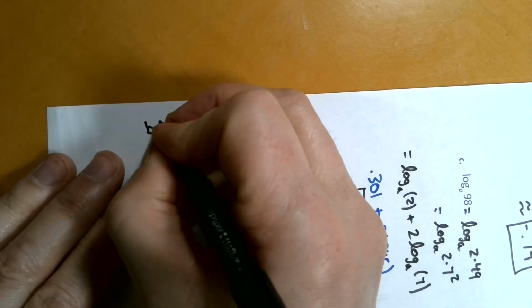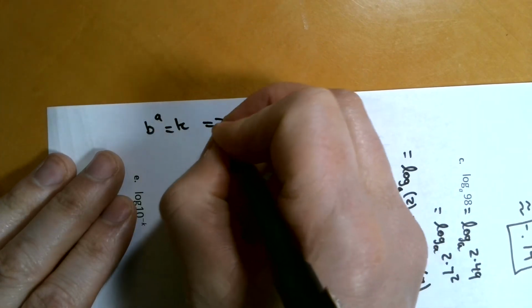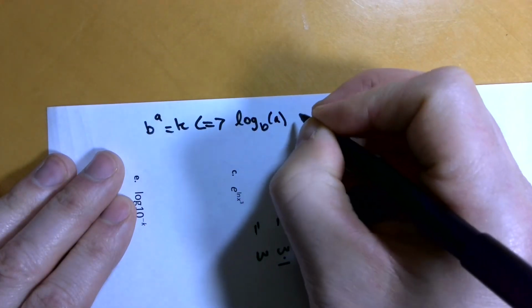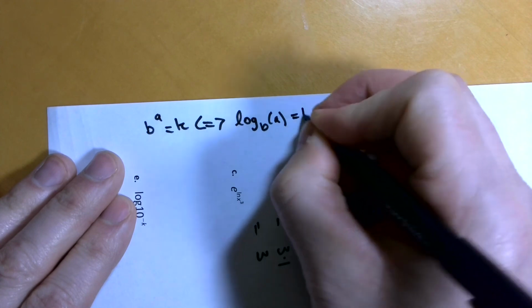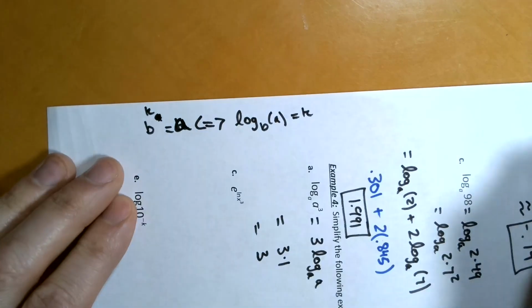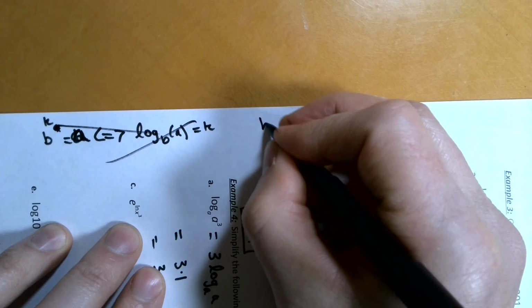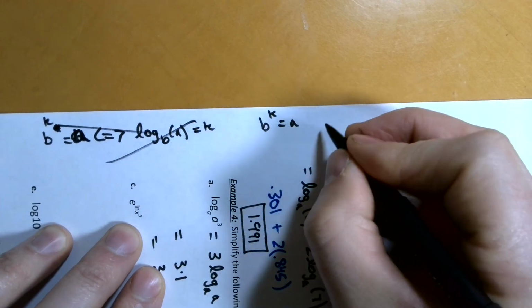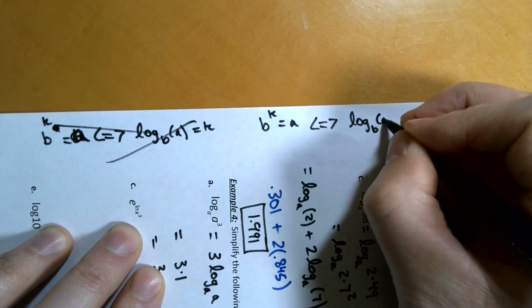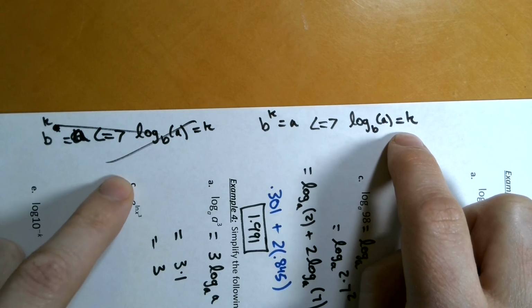We know that b to the k equals a is true if and only if log base b of a is equal to k. I'm going to use this property on my question C.